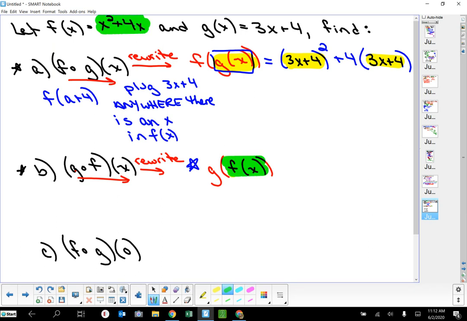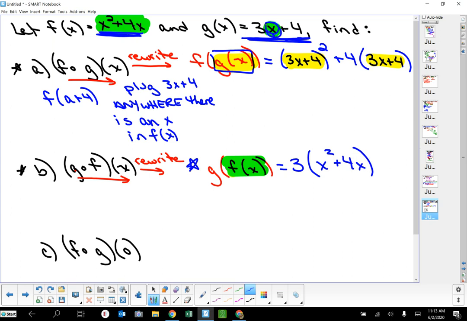I'm going to go to g of x now and put it anywhere there's an x in g of x. So when I do that substitution, I'm using this, but replacing the x. So I have 3. The x becomes what's in green up here, x squared plus 4x.